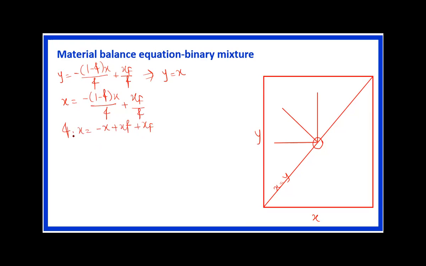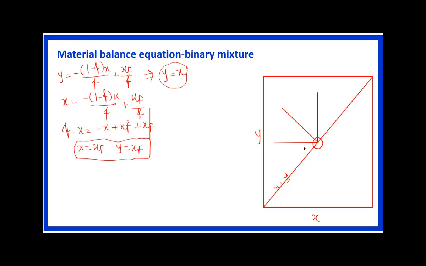So this fx and this fx get cancelled, and we get x equal to xf. And we know that this y is equal to x condition is there. So we can write y equal to xf. So x equal to xf and y equal to xf.